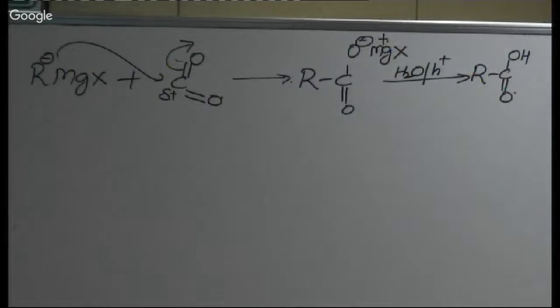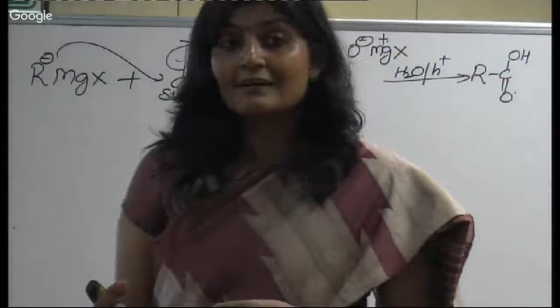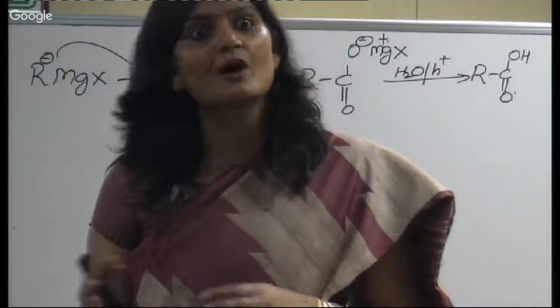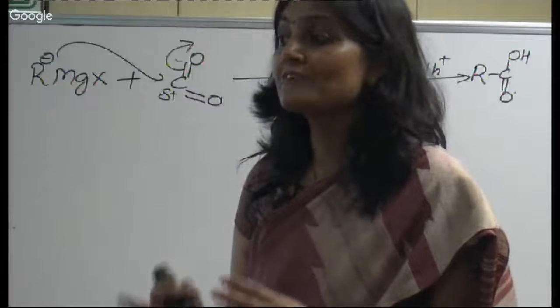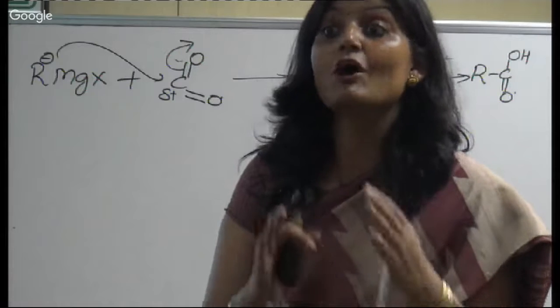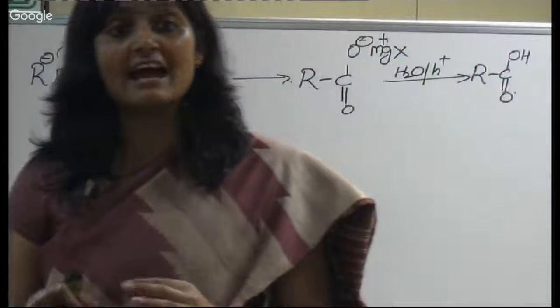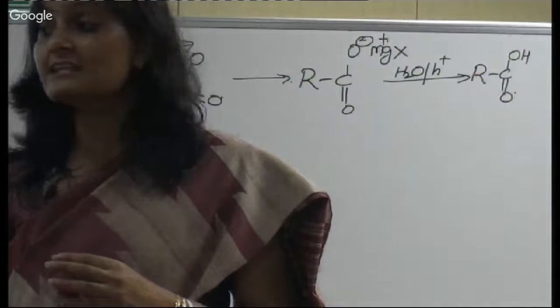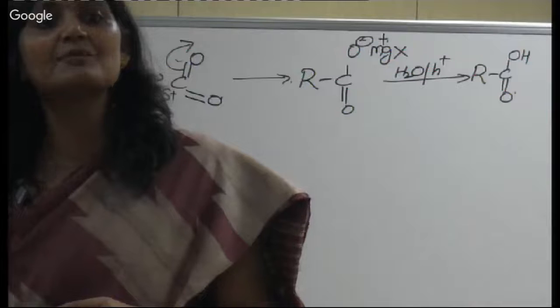Now indirectly, please understand, how do you obtain Grignard reagents? You obtain Grignard reagents from alkyl halides or from aryl halides. So that means this reaction offers a method of stepping up the alkyl or the aryl halides. You can convert the alkyl halides or aryl halides to carboxylic acids having 1 carbon more, right?